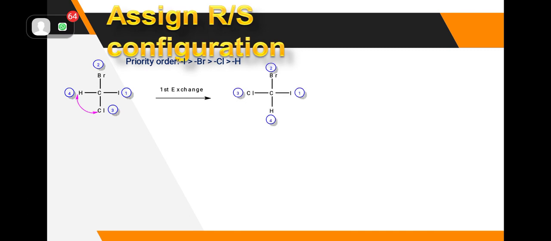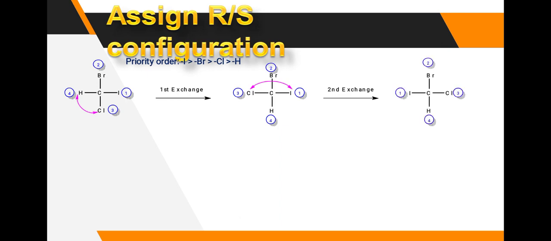The fourth priority group goes to the bottom and the remaining positions are the same. So 3 is replaced by 4, 4 is replaced by 3. Then in the second exchange, the first and third positions are changed. So here C, then give the configuration. Here 1, 2, 3, 4, we get the R configuration.